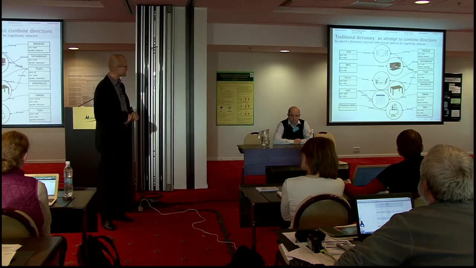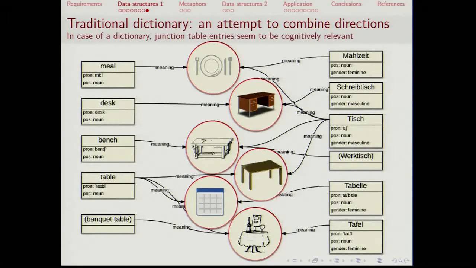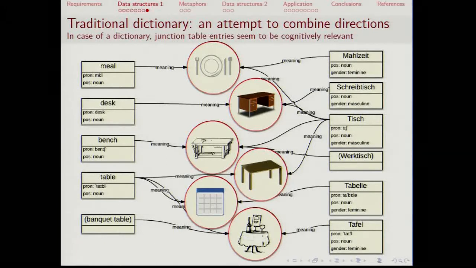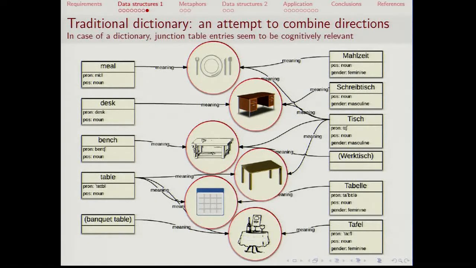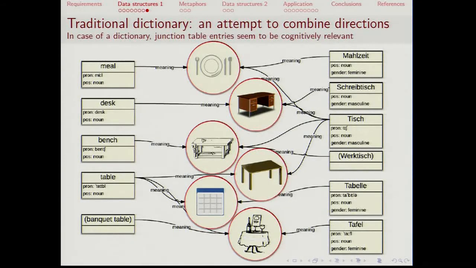If we draw it like this, then it becomes slightly more clear that in the meaning of a meal, the German word Tisch, at least according to this Collins dictionary, is synonymous with Mahlzeit, and it means the meal thing, and the English word meal also means the meal thing.